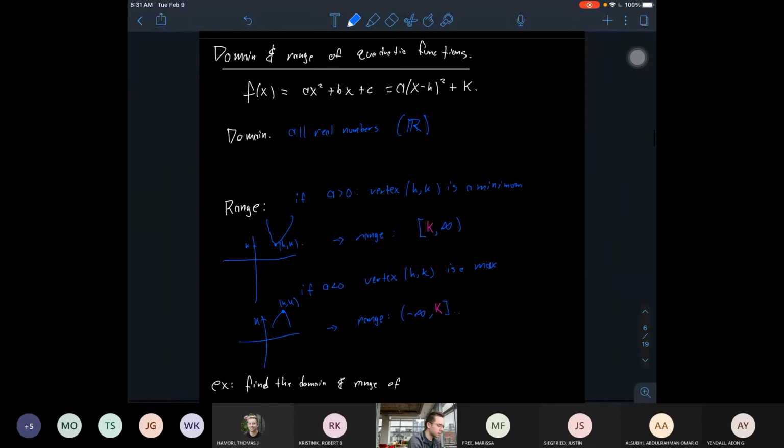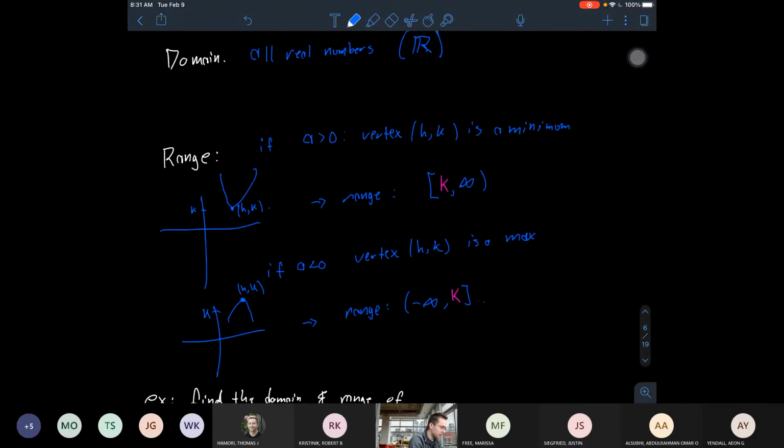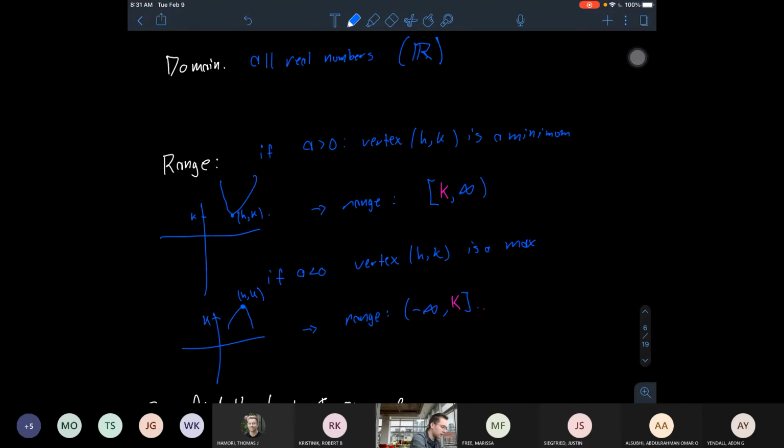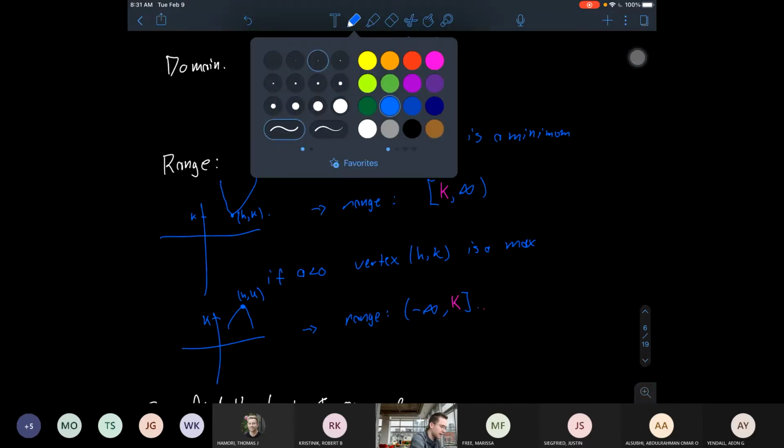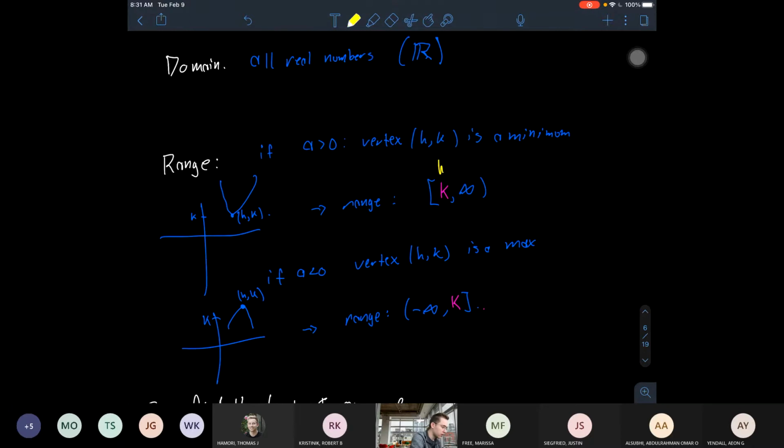At the very end of last lecture, we were talking about the domain and range of quadratic functions, okay? And we established that the domain is going to be all real numbers. I was rushing towards the end, and where I had this k here, I wrote an h.